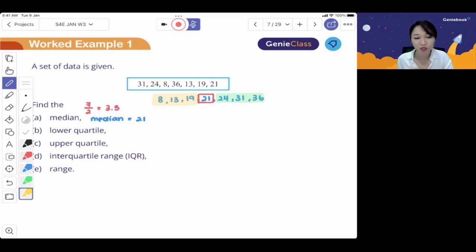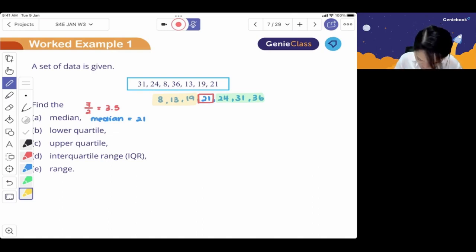That is how we calculate the lower quartile, but what is the definition of the lower quartile value? How do we find the lower quartile value? Did anyone take down notes from last week? The lower quartile value is the middle value in what half? The middle value in the lower half.